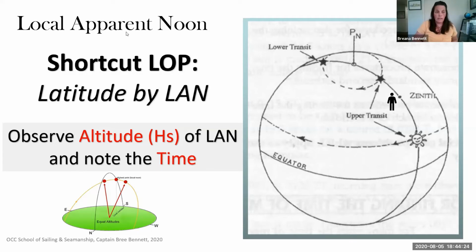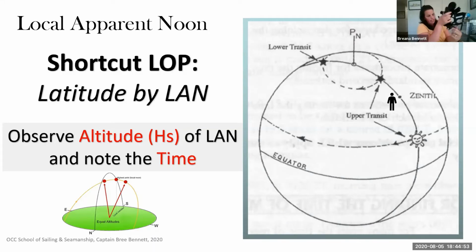So when we observe this happening, we use our sextant and we know ballpark of when LAN is going to happen. So we will be following our sun, keeping it on the horizon and increasing the altitude.